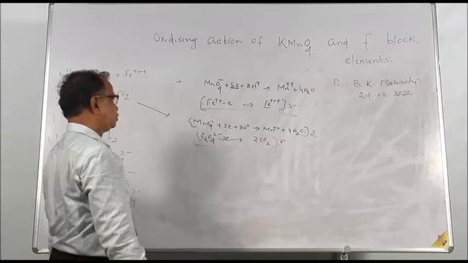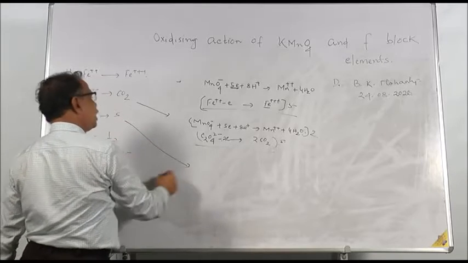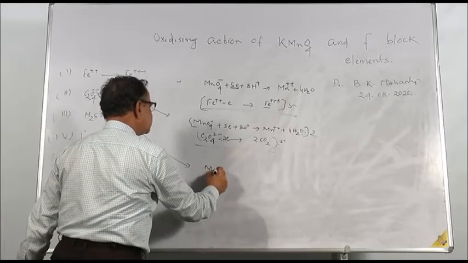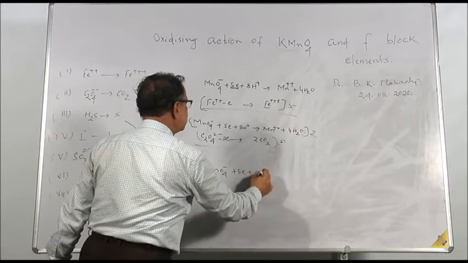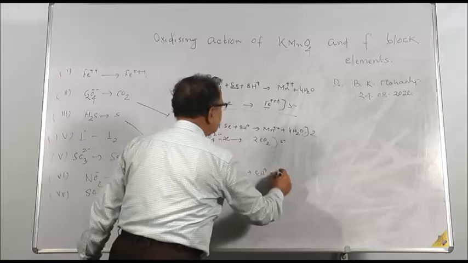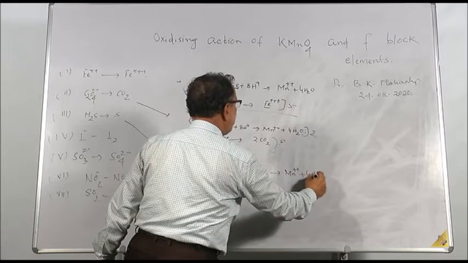They cancel out. Again, third, it oxidizes H2S. MnO4 minus plus 5e plus 8H plus forms Mn2 plus plus 4H2O.